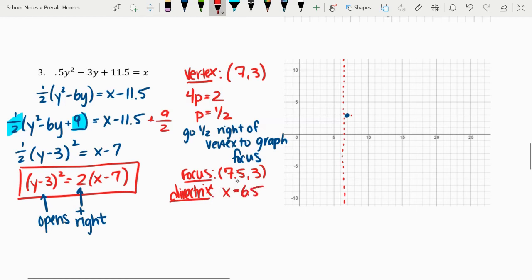I need all the points on the parabola to be equidistant from the focus and the directrix. So a point on the parabola is equidistant from the focus and the directrix.